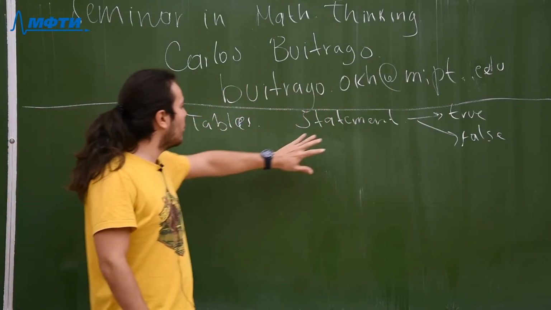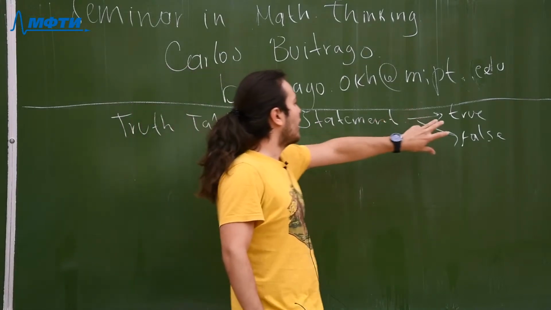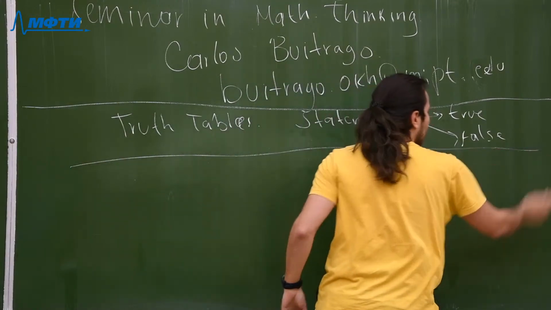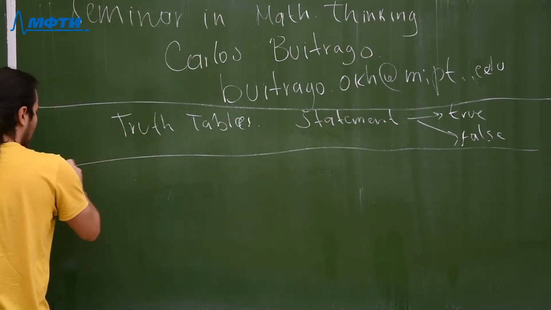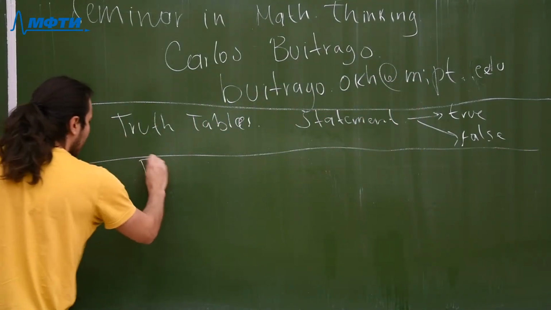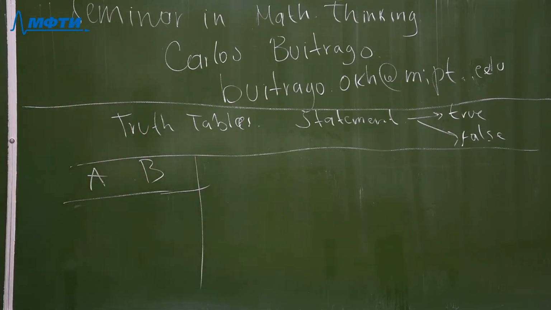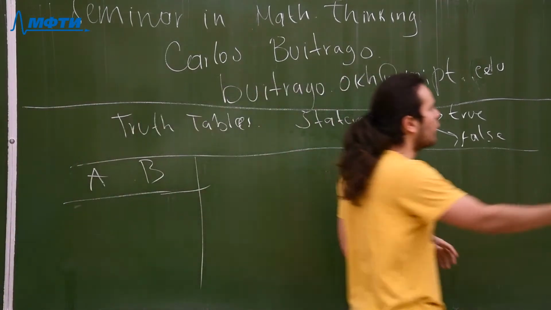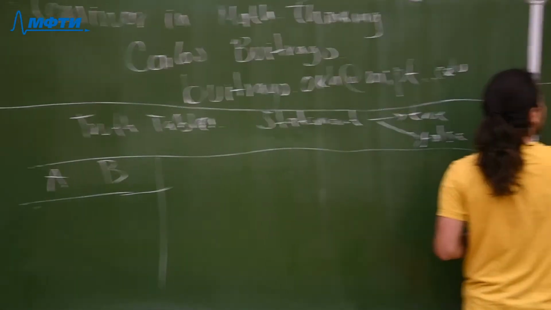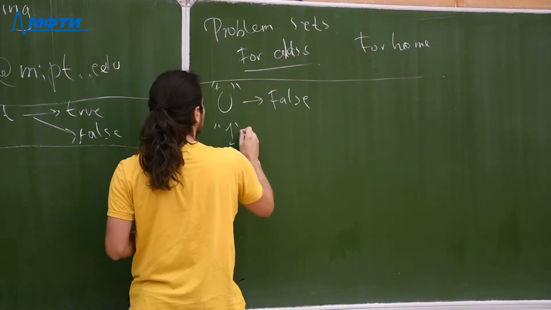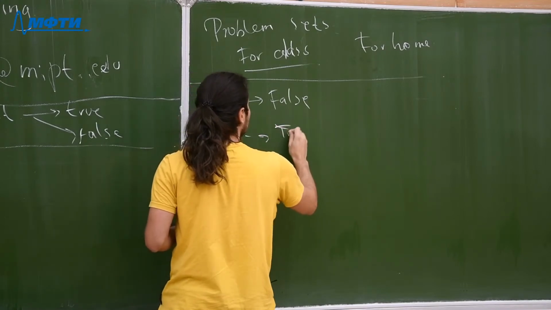We are going to talk about statements which are either true or false. Then we let A and B be some statements, and just for notation, 0 means false and 1 means true, okay?